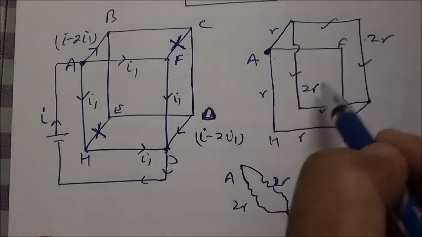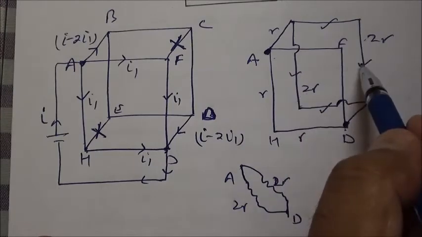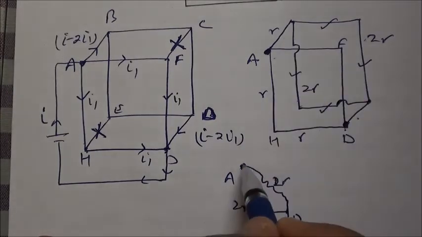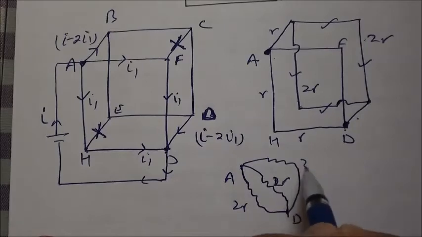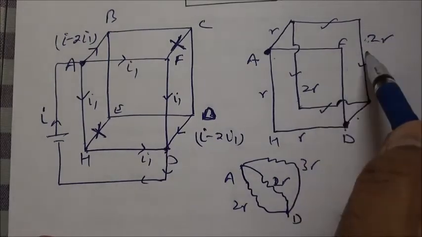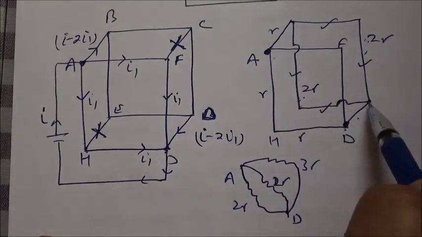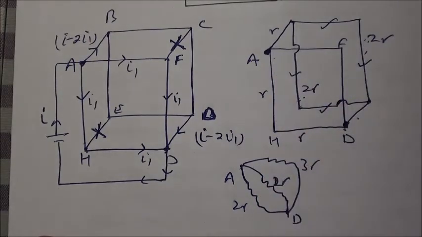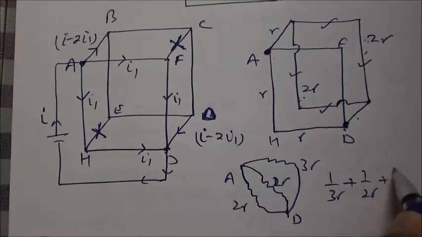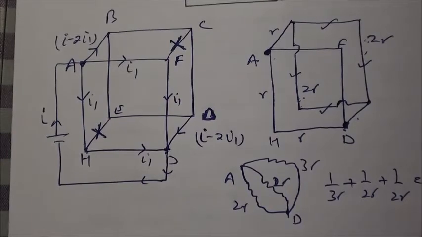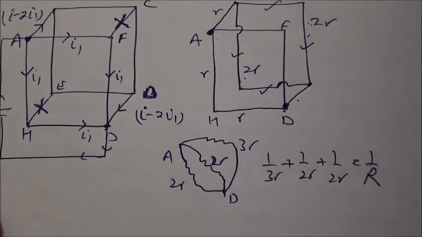What about this 2R and 2R in parallel? So it makes R, then R and R. So it is actually 3R. These two are parallel, so it becomes R. Then R, 2R and R. So 3R. So now we have 1 by 3R, 1 by 2R and 1 by 2R in parallel. This is the equivalent resistance.